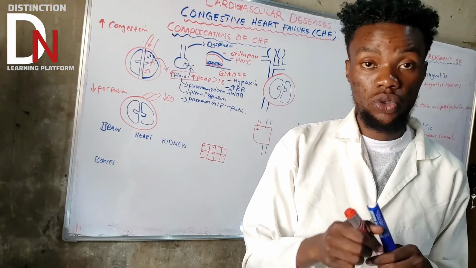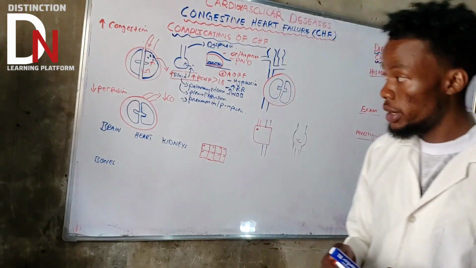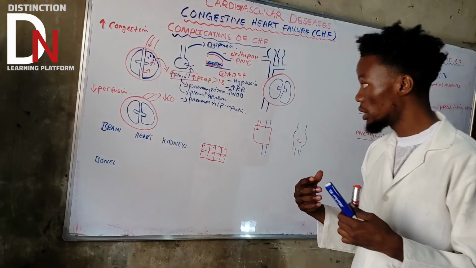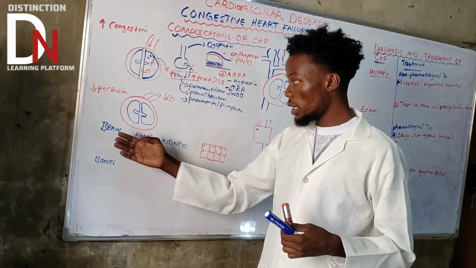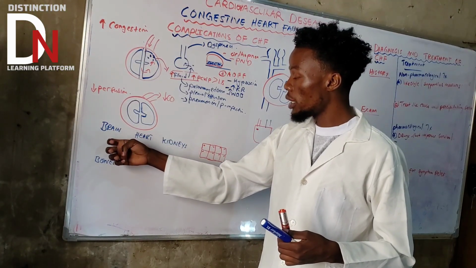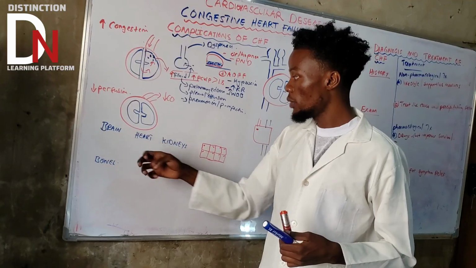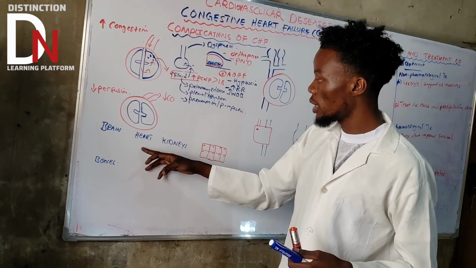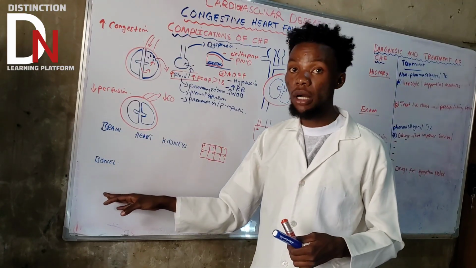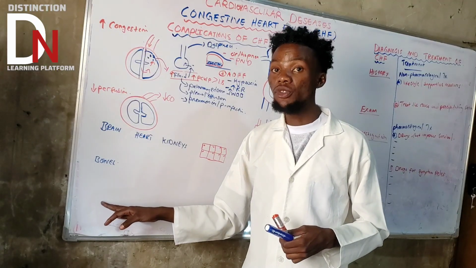Low cardiac output is not going to meet the body's demand. If it's not meeting the body's demand, then there will be low tissue perfusion to the brain, and also low tissue perfusion to the heart, kidneys, and more. There are some complications that can arise due to that.